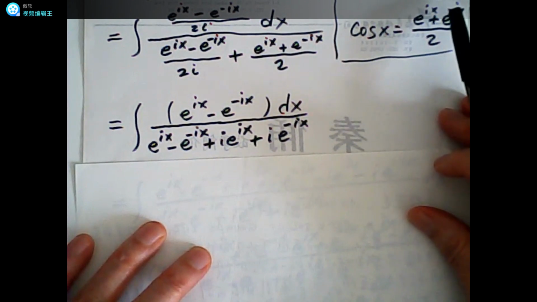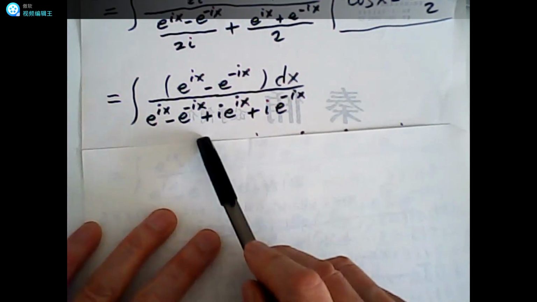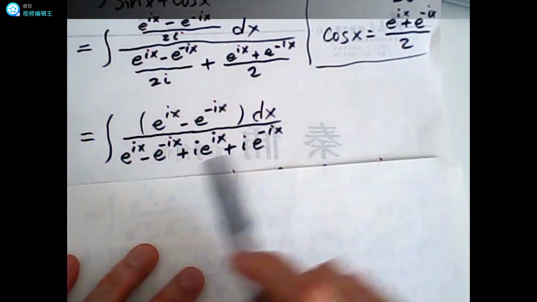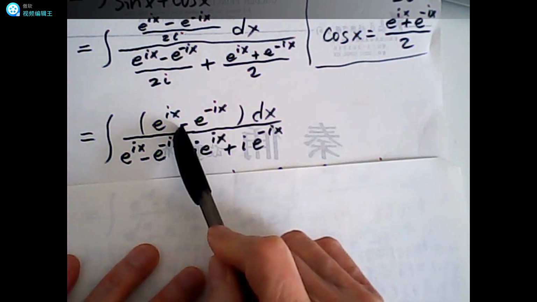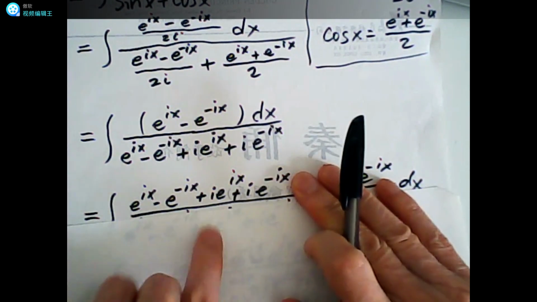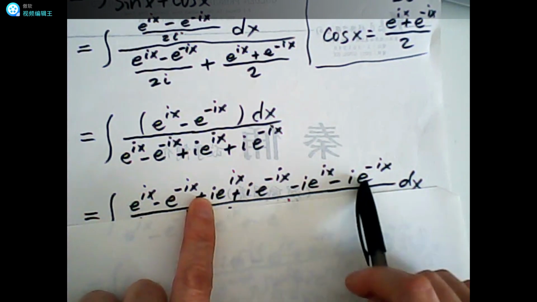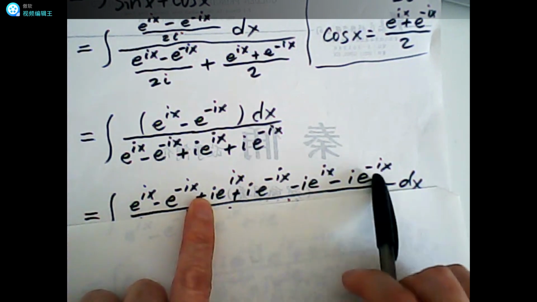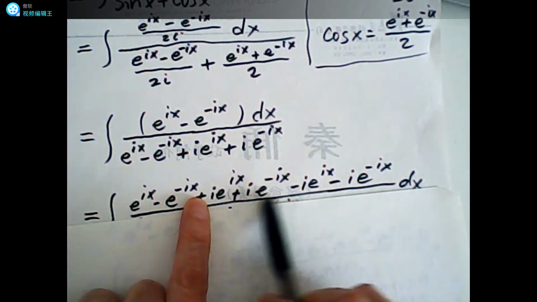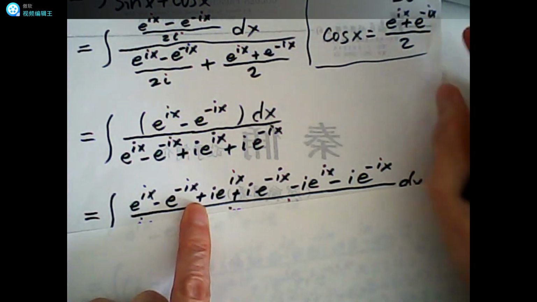Okay, then look, the denominator has 4 terms, right? The numerator has 2 terms. If we add 2 more terms on the numerator and subtract the same thing again, that's a 0. So this is still equal.